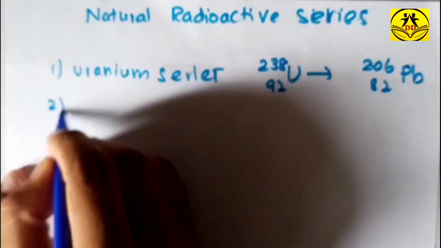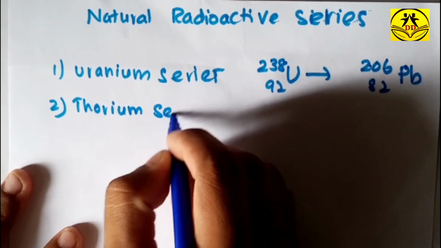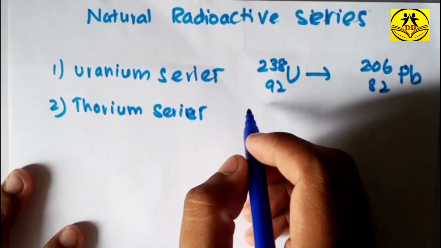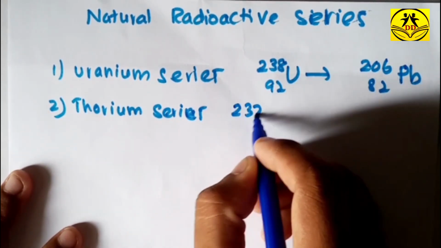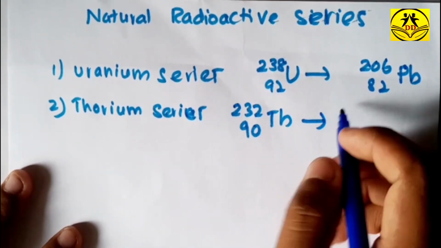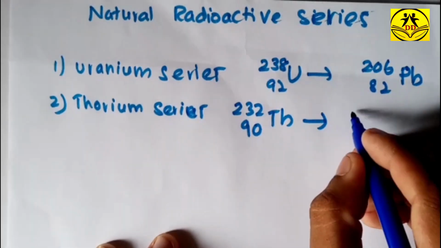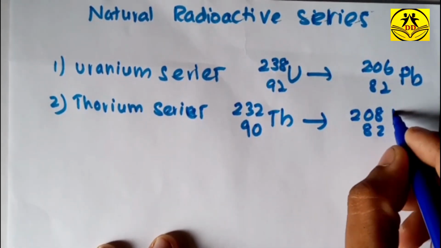And the thorium series begins with 232 90 thorium nuclei and finishes with 208 82 lead isotope.